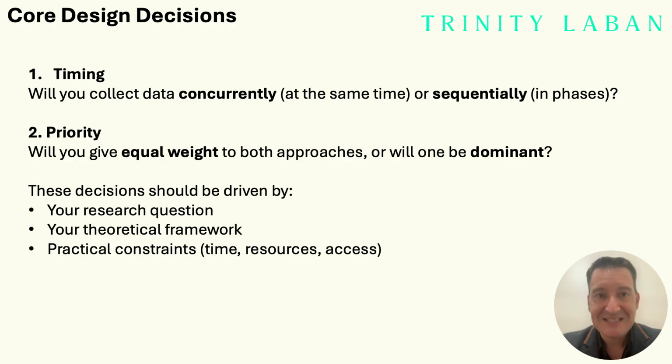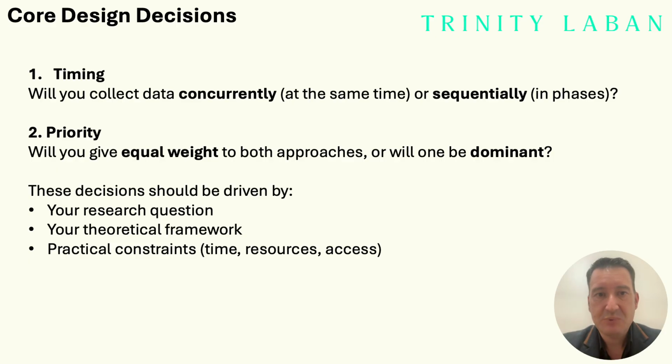But often, particularly in smaller scale research, one strand is primary and the other supports or extends it. There's no shame in that. A QUANT to qual design, QUANT uppercase, qual lowercase, where qualitative plays a supporting role, can be excellent research. It's about being clear and intentional about what each strand contributes.